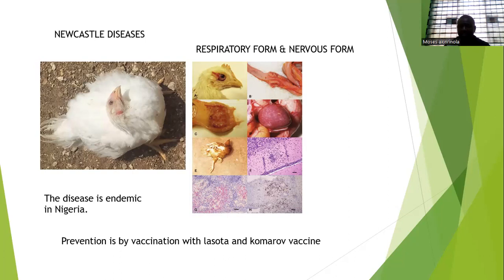It affects the GIT of your birds, they are not eating enough, and they lose weight. All the money you spend, you may not be able to recover. The cost of production will be too high, and that may not bring good profitability in your business. So prevention can be done through Lasota and Komorov vaccine.